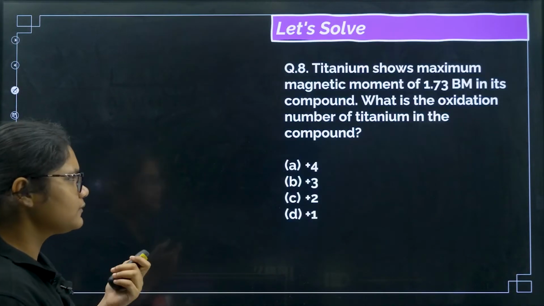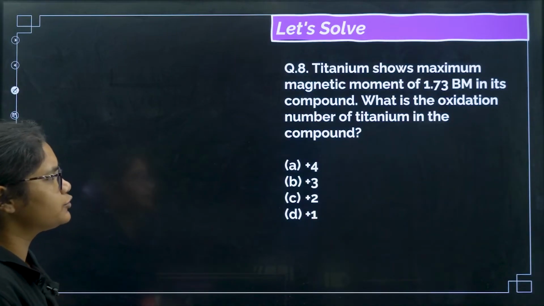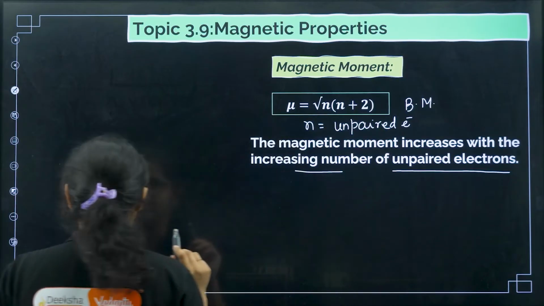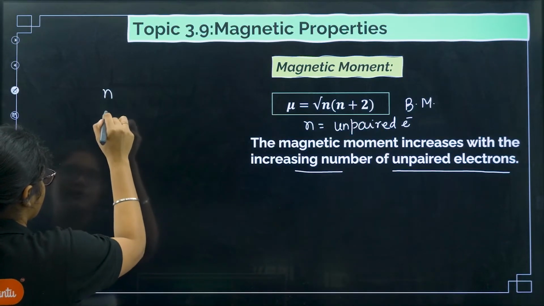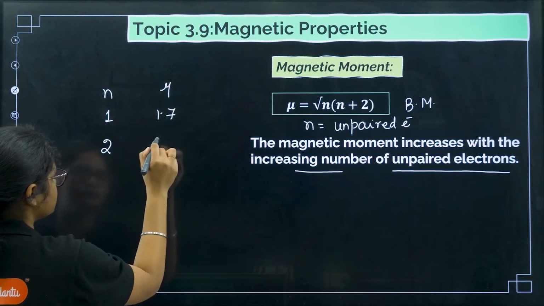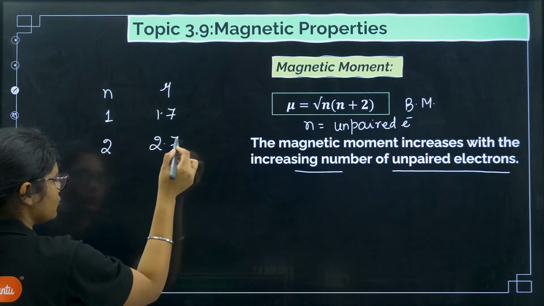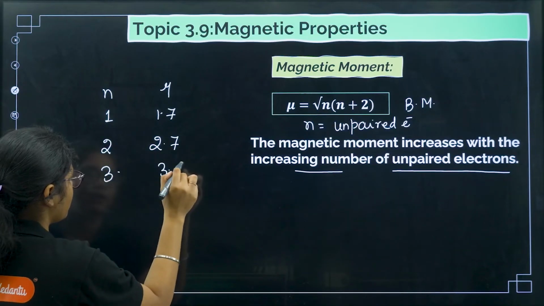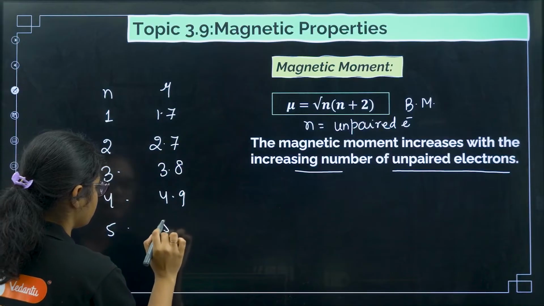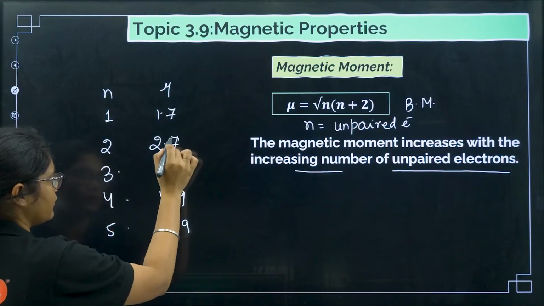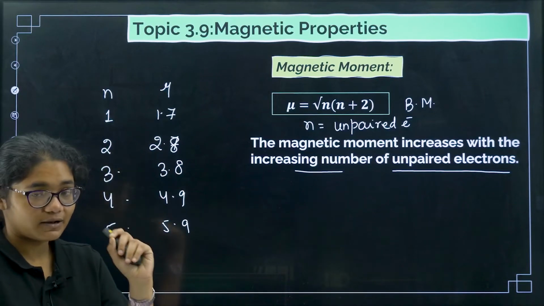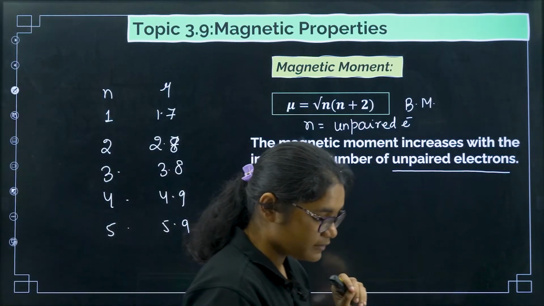So let us do a question here. One more trick I want to tell here. If the number of unpaired electrons is 1, magnetic moment will be 1.7.